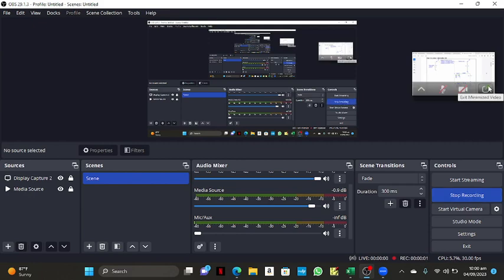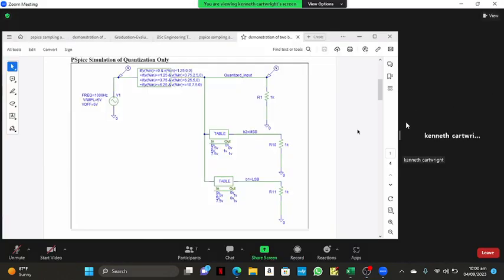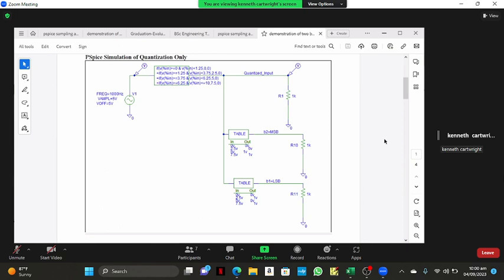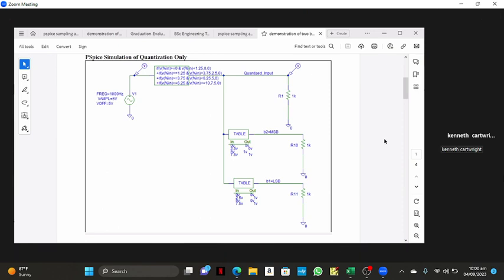Okay, thank you. Last class, I was talking about this diagram, and this diagram is about quantization, two-bit quantization. Let's look at the last line here. If the input voltage is between 6.25 and 10, then the output is 7.5.